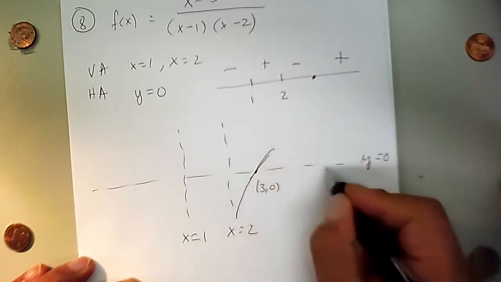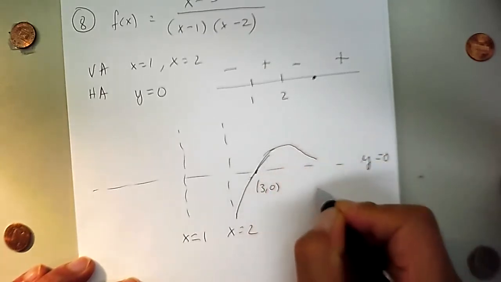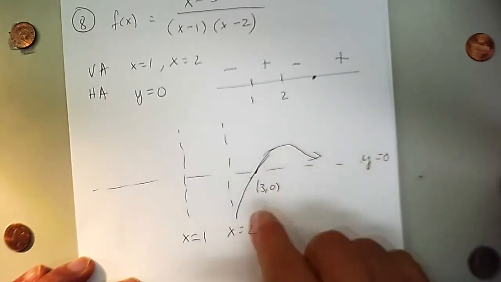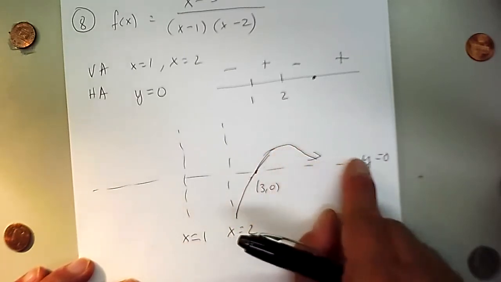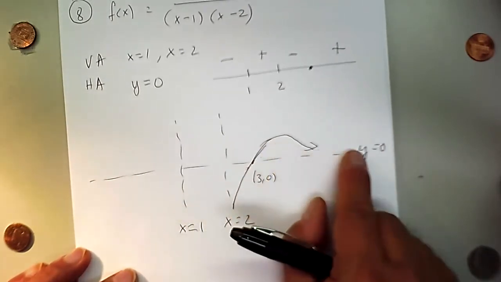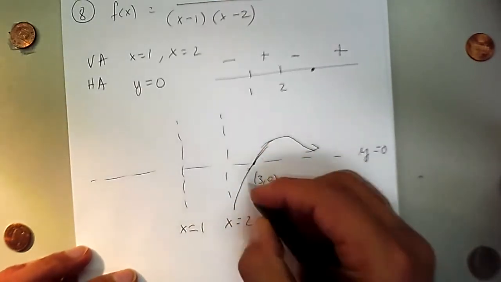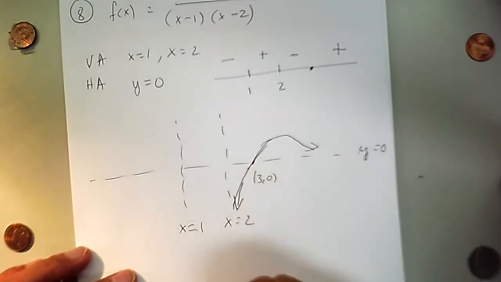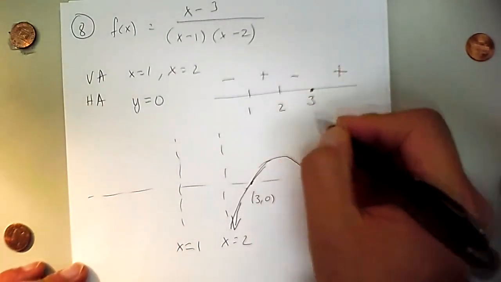Then instead of going up like that, go up a little bit to show that we actually crossed. But then we have to go towards the horizontal asymptote. So we have to curve and then S it a little bit so it actually has a soft landing towards the y equals 0 line. There. So this is 3.